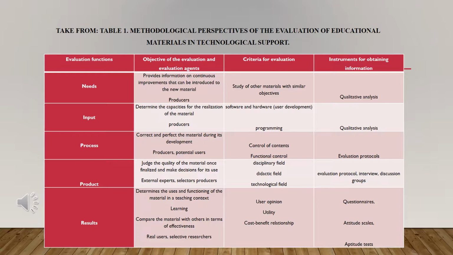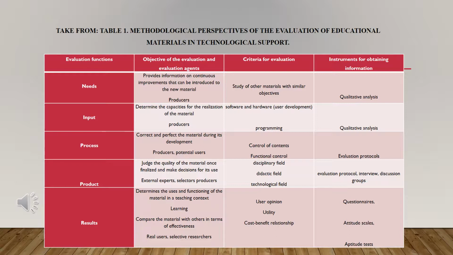Control of the contents, functional control, evaluation protocols. The product: judge the quality of the material once finalized and make a decision for its use. External: selector, producer, disciplinary field, didactic field, technological field, evaluation protocol, interviews, discussions, and groups.